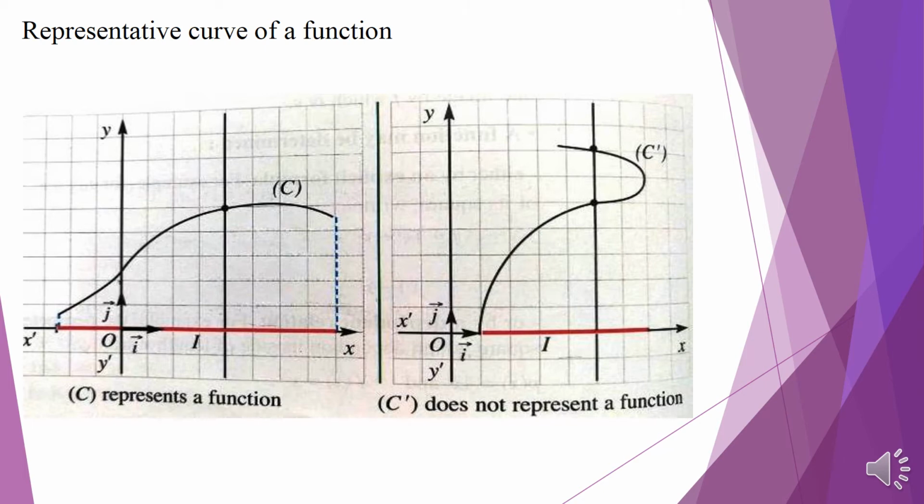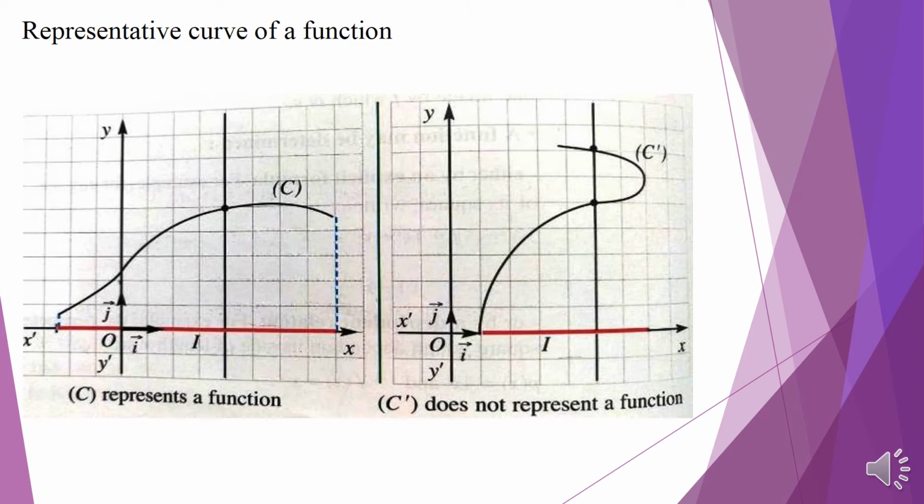In the second curve, C prime, it doesn't represent a function. ليه؟ لأنه لاحظوا عندكم هون there is a vertical line. مجرد ما نلاقي vertical line وبيقطع الكيرف بأكثر من نقطة معناتها بطل function. فإذا how do you know the function from the curve?